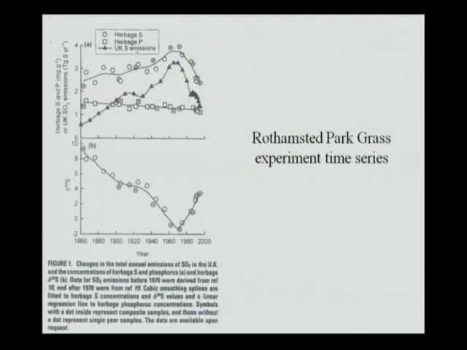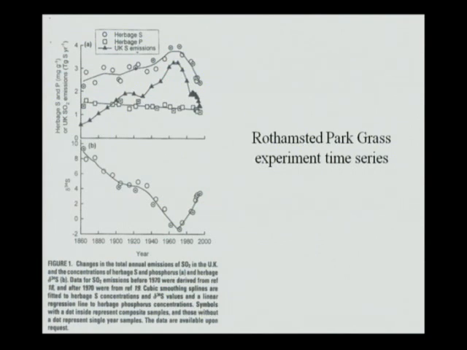These are the UK sulfur emissions starting 1860. This is calculated from the coal board that controlled all the coal operations in Britain, since it was privatized a few years ago, or it was disbanded.